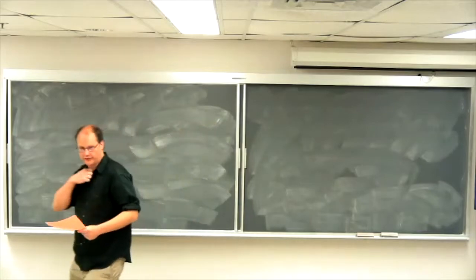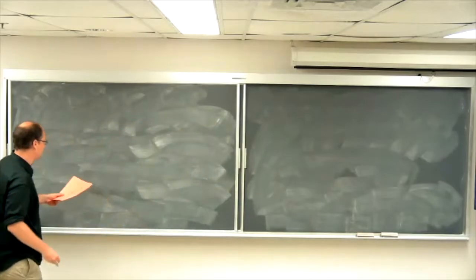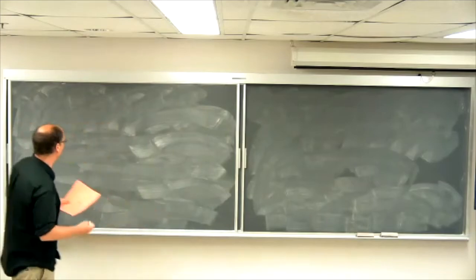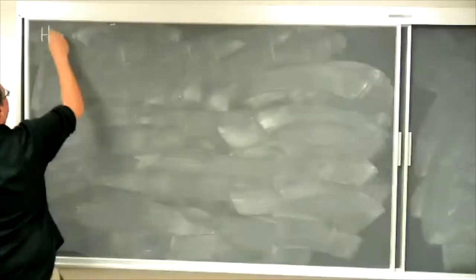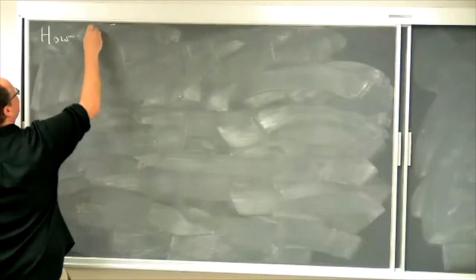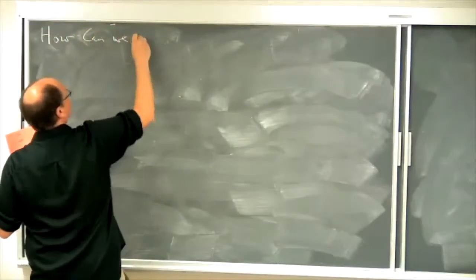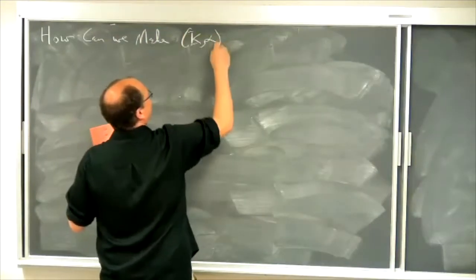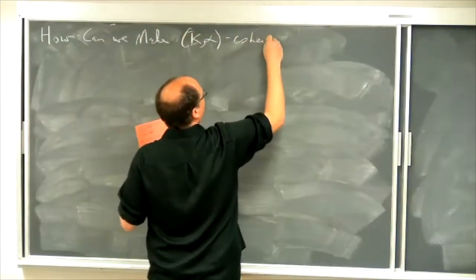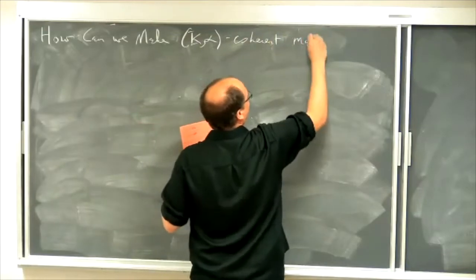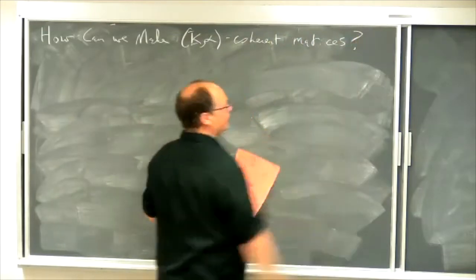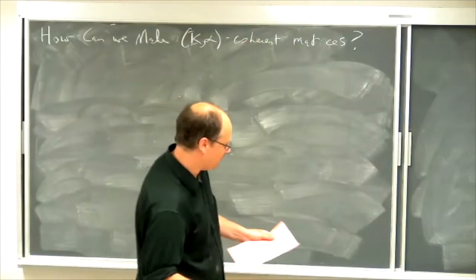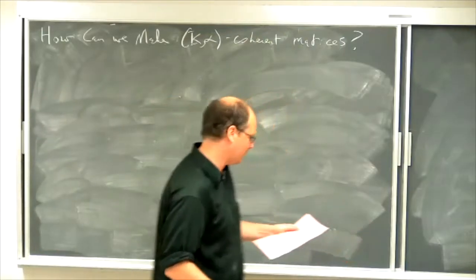Let's start talking a little bit about how you can construct these K-alpha coherent matrices. So it bears some discussion. There are some nice connections here to error correcting codes.